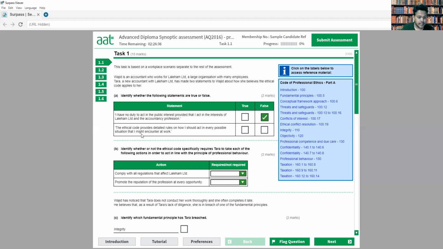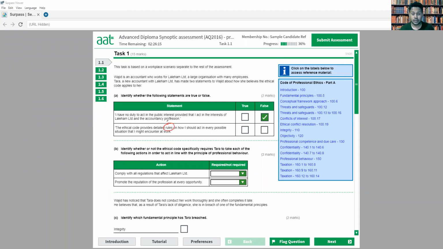Then the next one, they said the ethical code provides detailed rules on how I should act in every possible situation that I might encounter at work. This is not true. Remember that, as we said, ethics is not rules, it's a guideline. Remember this word, rules.